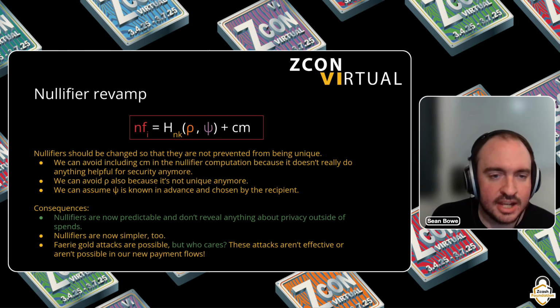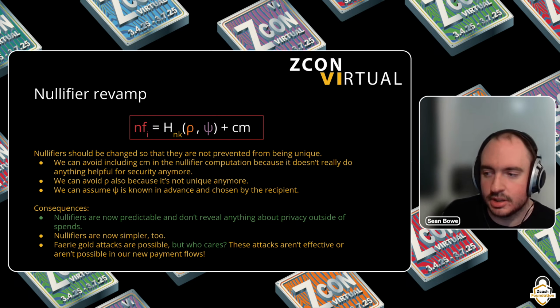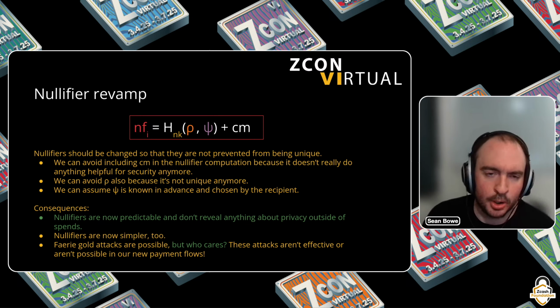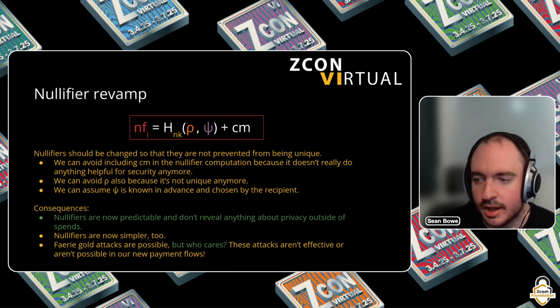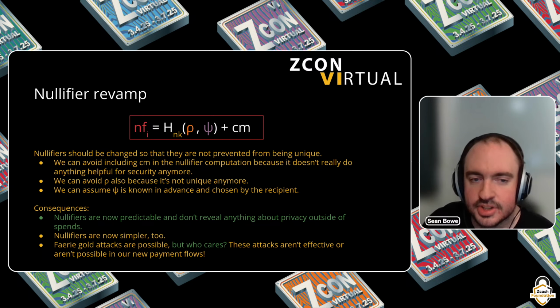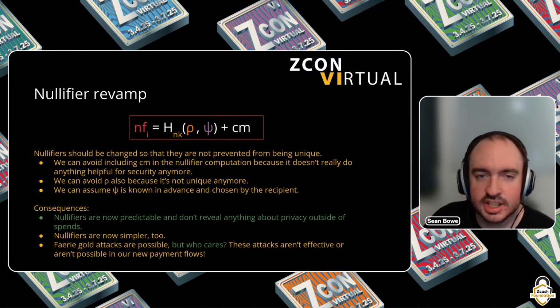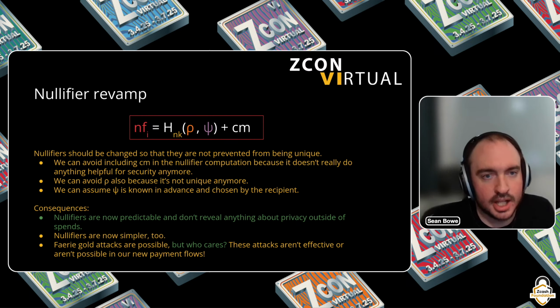So what would they gain from doing a fairy gold attack on you in that context? In other kinds of payment flows, the recipient can actually impose upon the sender what the note contents are, so they can prevent this attack from happening at all. So we can always mitigate or avoid fairy gold attacks, I think. So I don't think it's a big deal that we could change the protocol to make it so that nullifiers aren't forced to be unique.